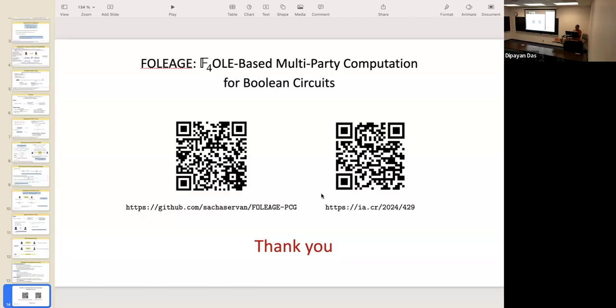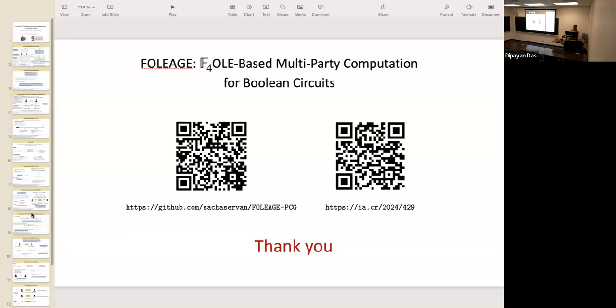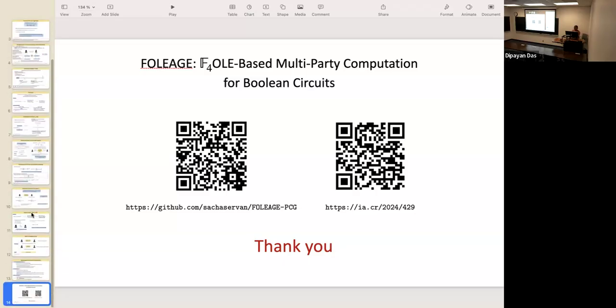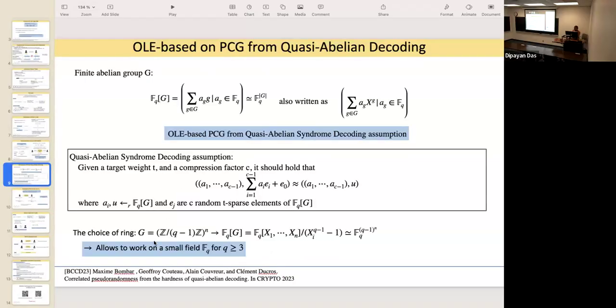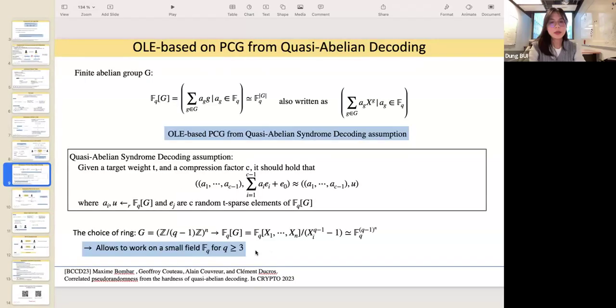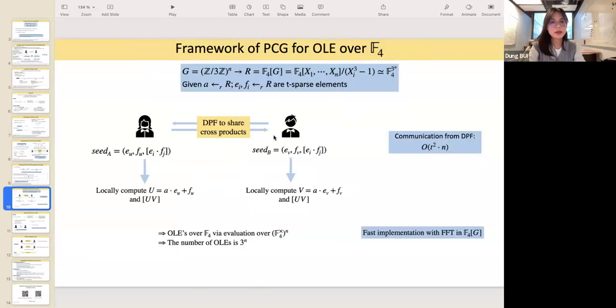I also have a small question. What is the polynomial that you are considering in this case? Like the ring representation. So here we look at the ring, and I can show the way we choose the ring.